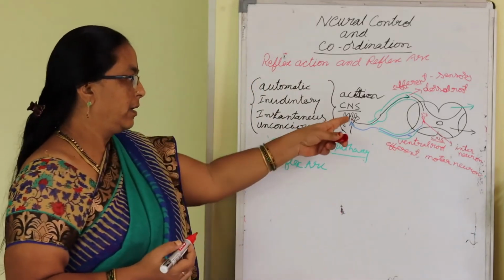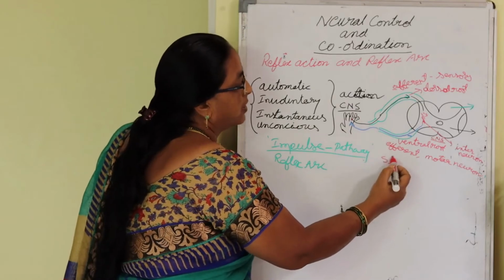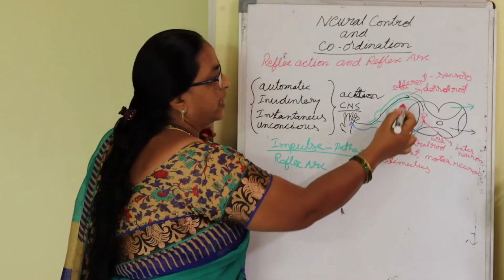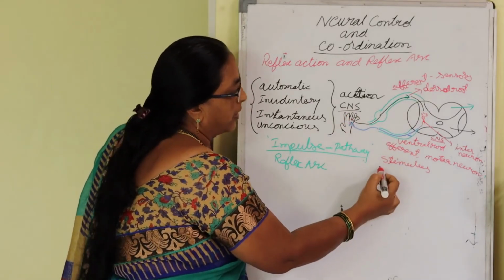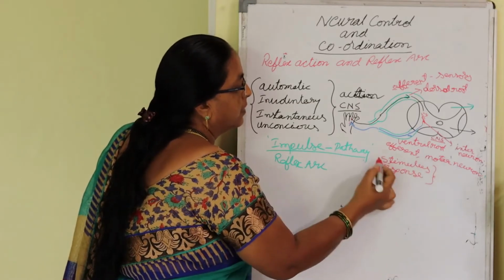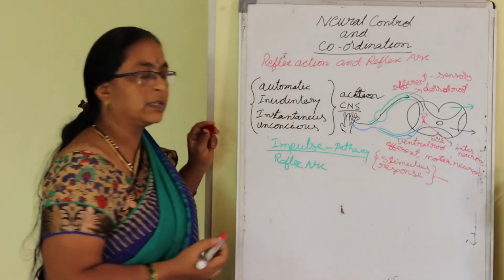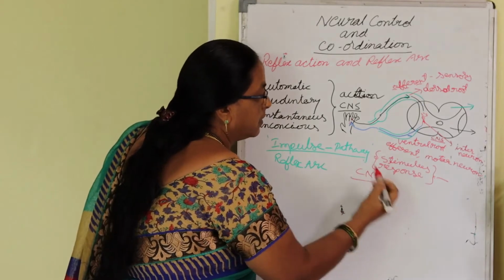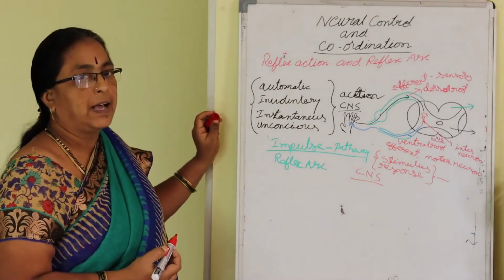When an impulse starts, that we call the stimulus, and when the impulse travels to the target part, this is called the response. This stimulus and response within the central nervous system pathway is called a reflex arc, a reflex action.